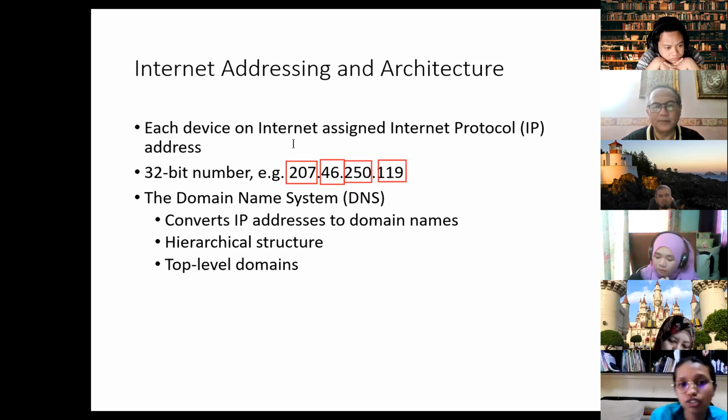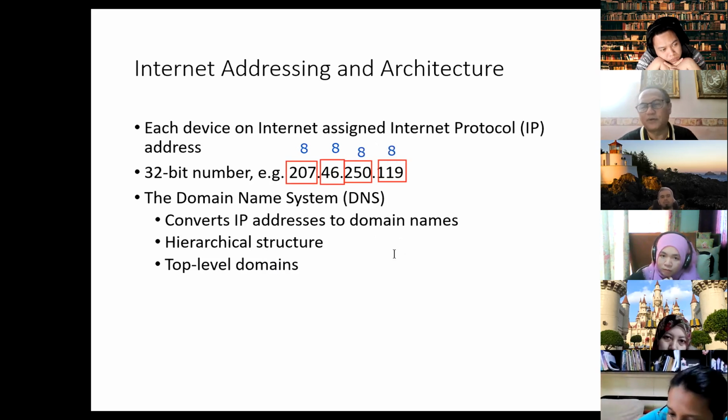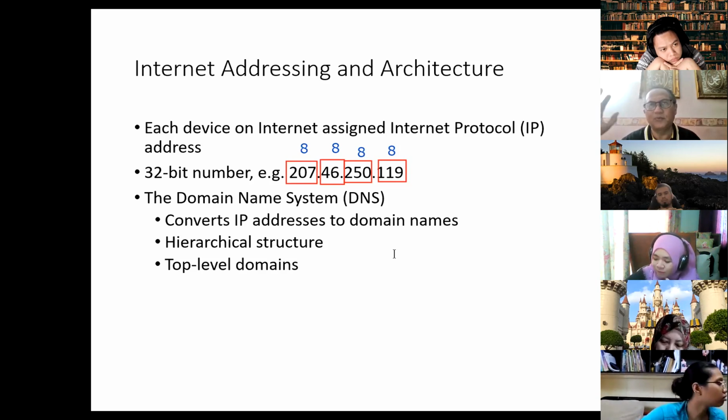So we have 8, 8, 8, and 8. 8 times 4 is 32. Remember, one byte is 8 bits. So 01010101, it can begin with 0 and with 1.